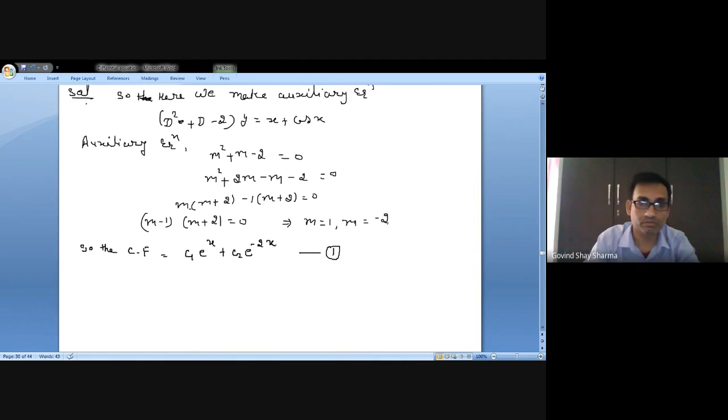Now the PI is equal to 1 upon D square plus D minus 2 acting on x plus cos x.